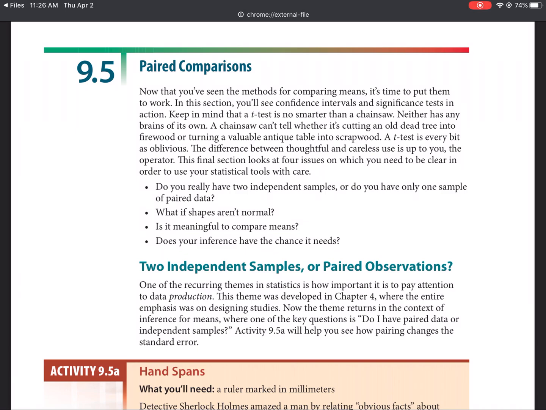So when exactly should we be using a paired comparison? If you think back to the conditions in 9.4, if I wanted to compare two means that came from two samples, one of the things I had to check in the first bullet point was that not only did I have random samples, but also those samples had to be independent of each other.